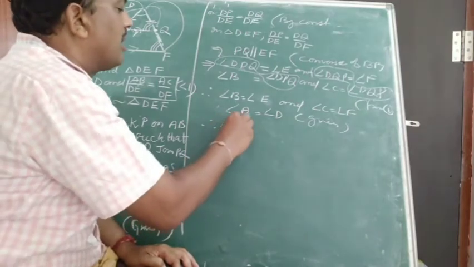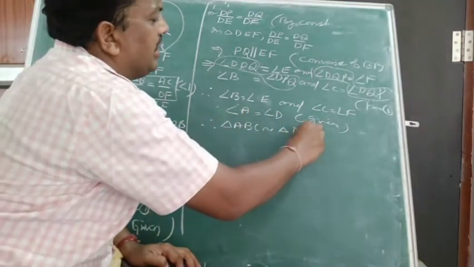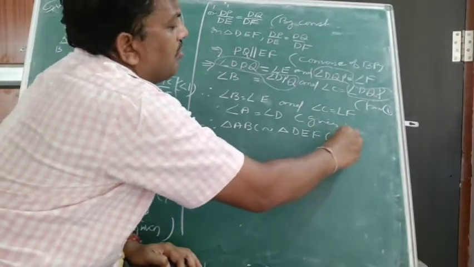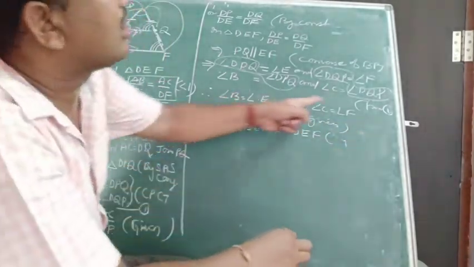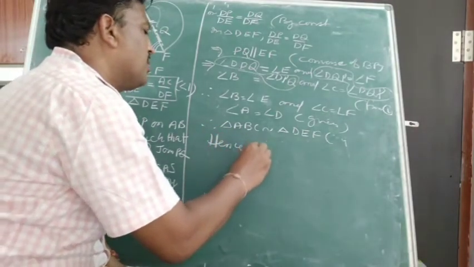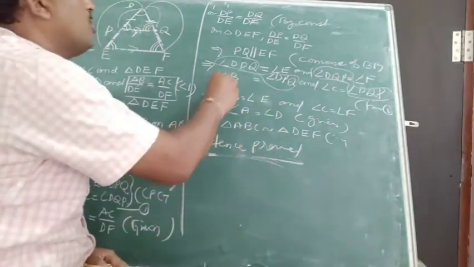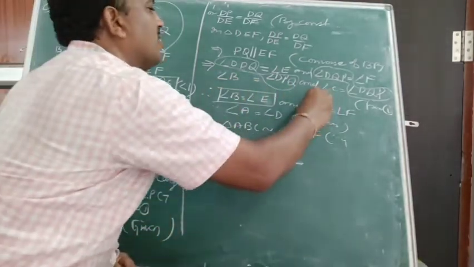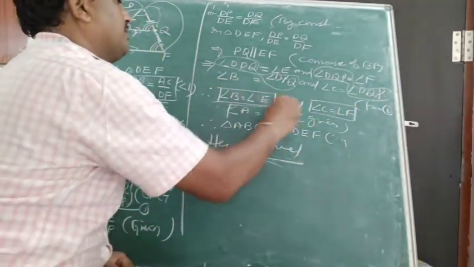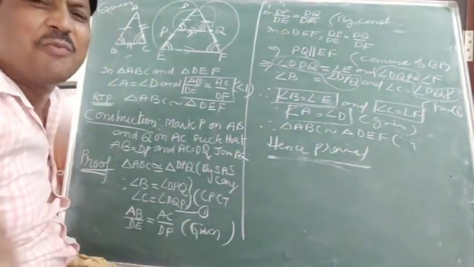Therefore, triangle ABC is similar to triangle DEF. Why? Because all three angles are the same. So hence proved, children. We proved all three angles are equal. Is it not interesting? It's interesting as well as important, children.